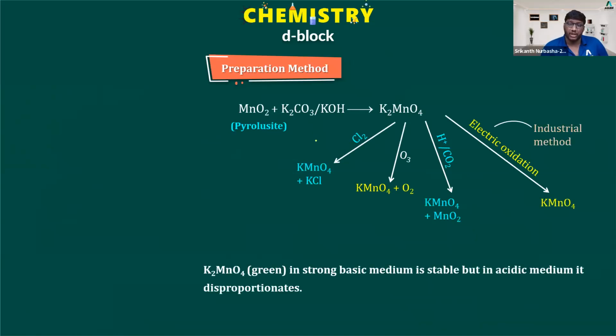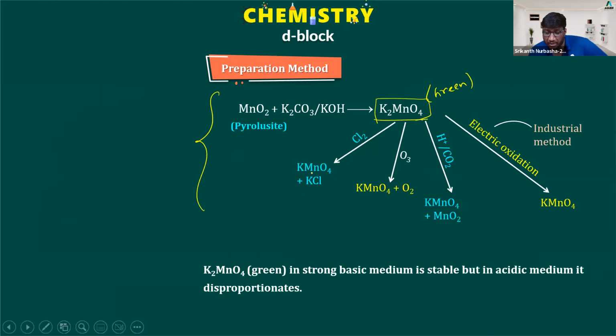Write down the preparation method. All of you write down the chart. MnO2 plus K2CO3 or KOH. We are getting K2MnO4, manganate, which is actually green in color, and from it we are getting permanganate KMnO4.